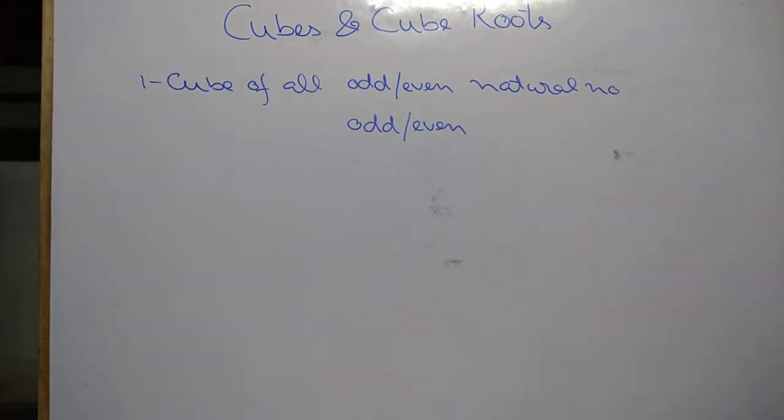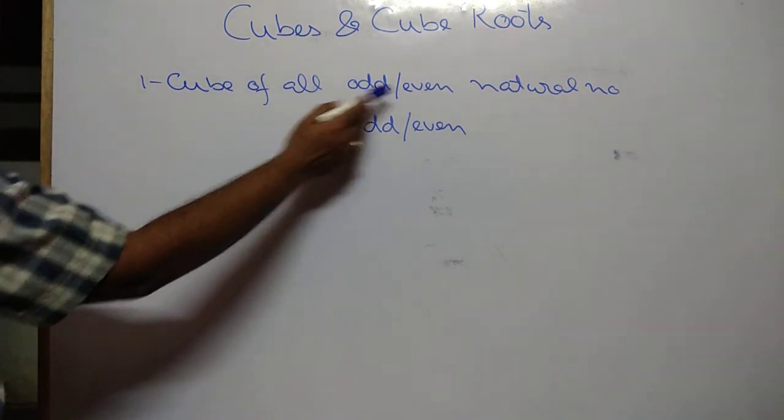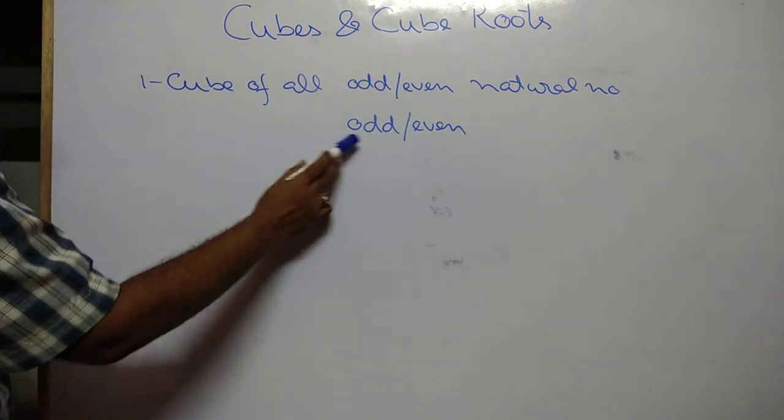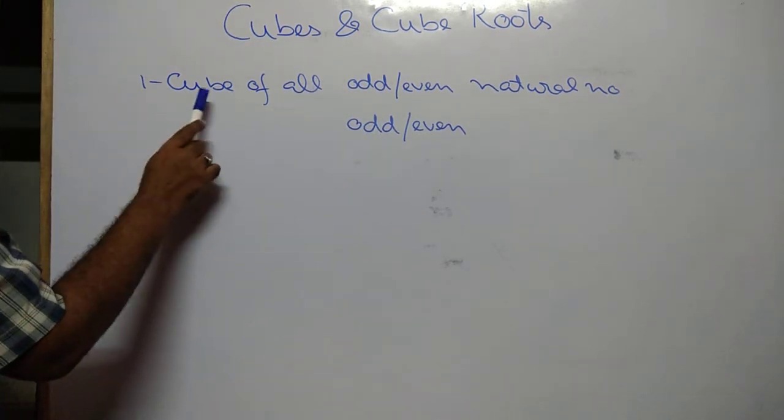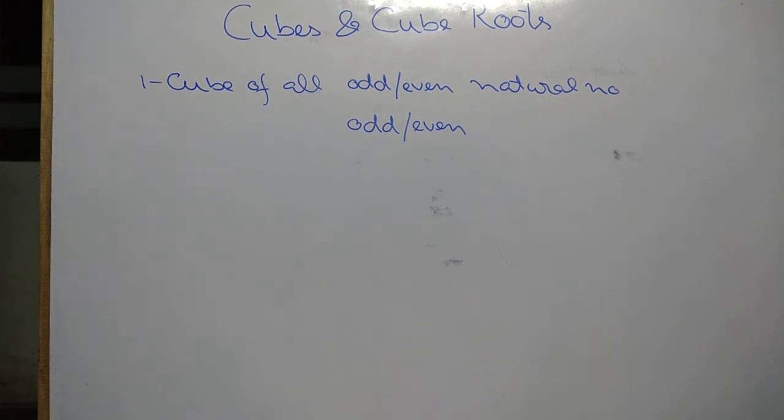What this statement says is that if we find the cube of an odd natural number, it must be odd, and if we find the cube of an even natural number, it must be even. So hope this one is clear to you.